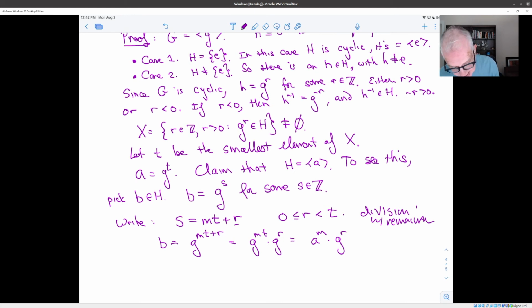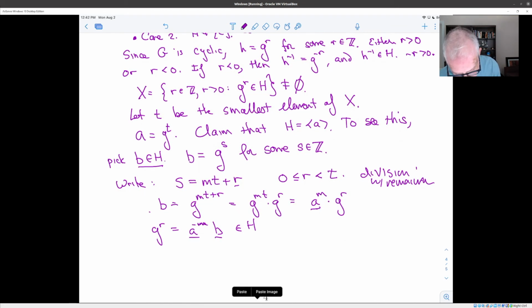We said that b is in H and also a is in H. So it follows that g to the r is a to the minus m times b. In other words, I multiply both sides on the left by a to the minus m, and I get g to the r is a to the minus m b, and this has to be in H because a is in H and b is in H, so this product has to belong to the subgroup H.